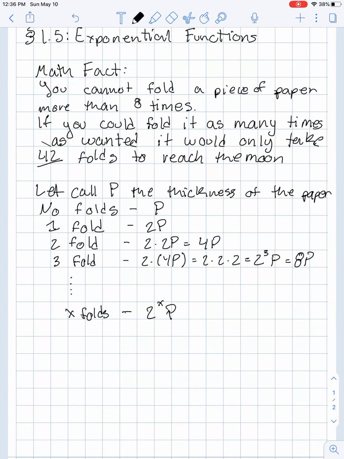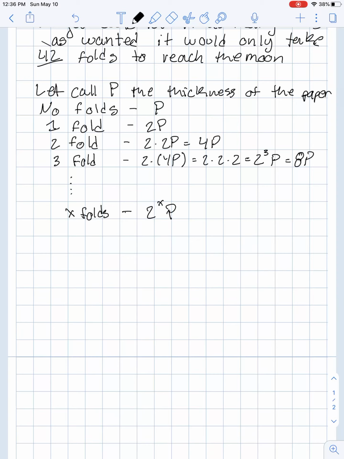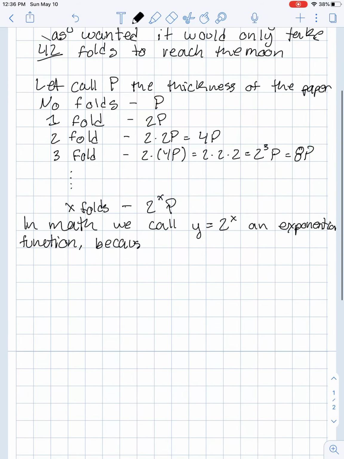I get 2 to the X P. In math, we call y equal to 2 to the x an exponential function, because our variable x is in the exponent.